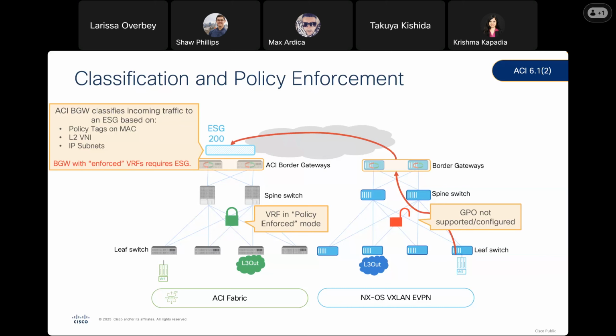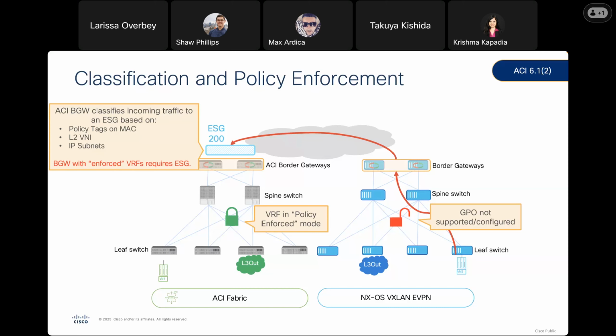This provides that separation of connectivity and the policy. The ESGs are more closely tied to how the group-based policy option has been implemented. It's a more scalable way to define the policies in ACI. So you'll need to migrate those EPGs to ESGs.